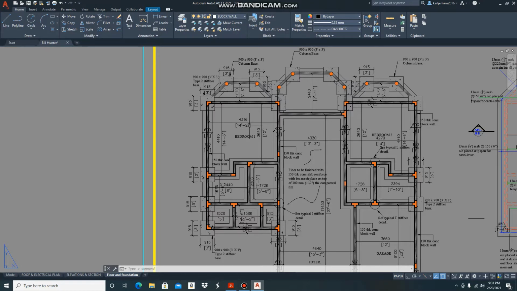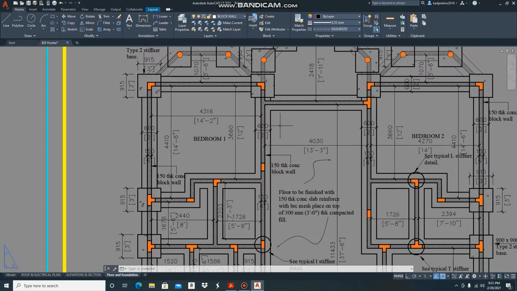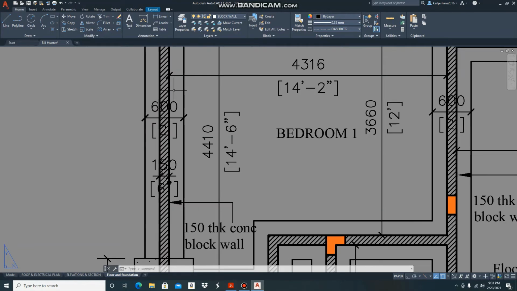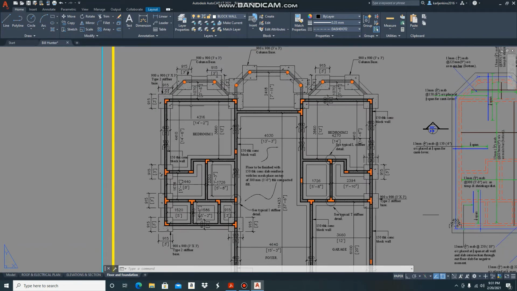Because the first thing you should observe when you're looking at the foundation plan is the width of your trench. And I hope you're seeing my cursor going around this here. This is 600 millimeters or 2 feet wide. So your foundation plan will show you the width of your trench.